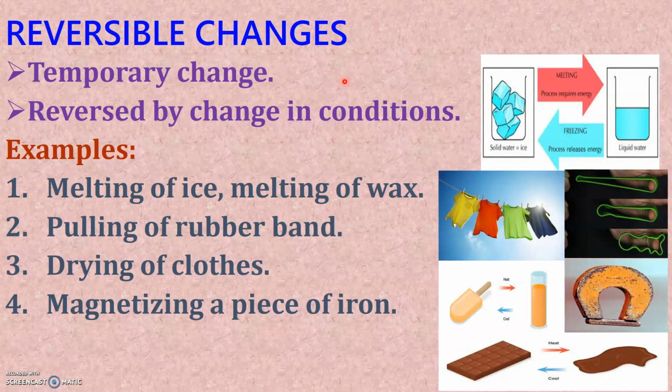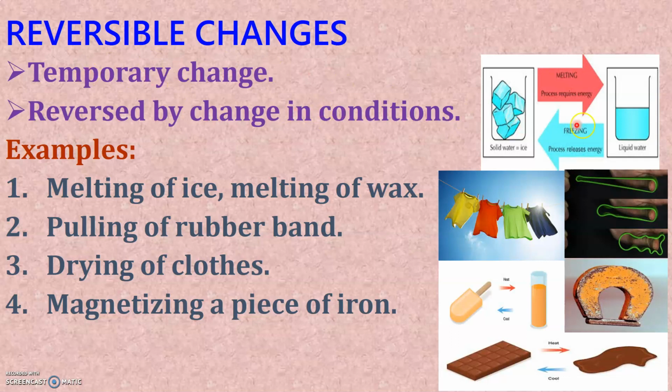The fifth type of change is reversible change and irreversible change. Any change that is temporary, and if it can be reversed by change in conditions, then we call it a reversible change. Let's see the example of melting of ice. Is melting of ice a temporary change?